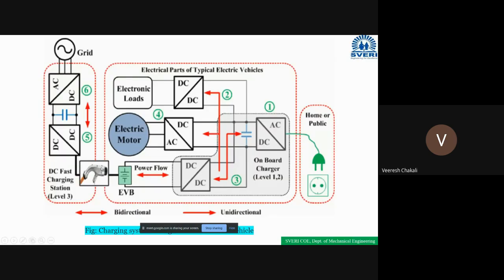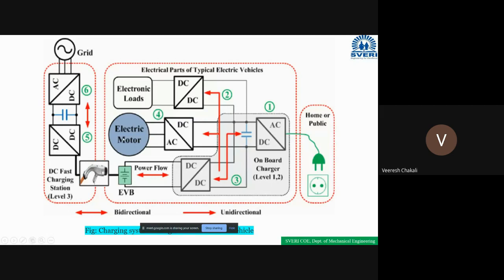Okay, so this is the simple information regarding the offboard chargers and onboard chargers. Clear? And through the onboard chargers, we are taking the energy from the battery and through this DC to DC converter, and again it is given to these DC terminals, and this DC is converted to the AC, and this AC is given to the electrical motor.